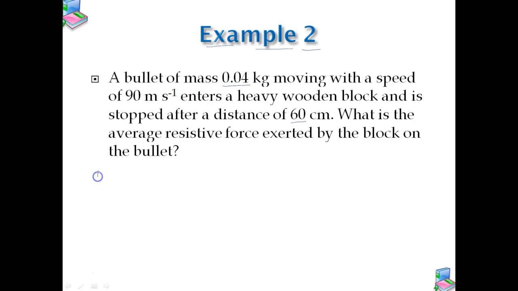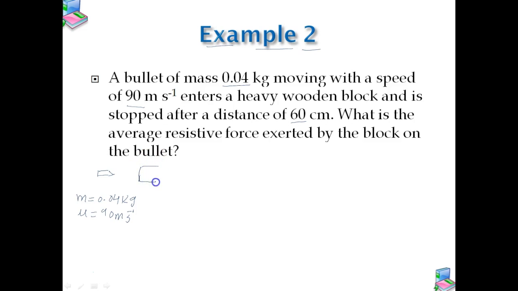So you just consider this. This is a bullet. The mass of the bullet is given by 0.04 kg, and it is moving with a speed of 90 meter per second, which means the initial velocity is 90 meter per second, and it enters a heavy wooden block.